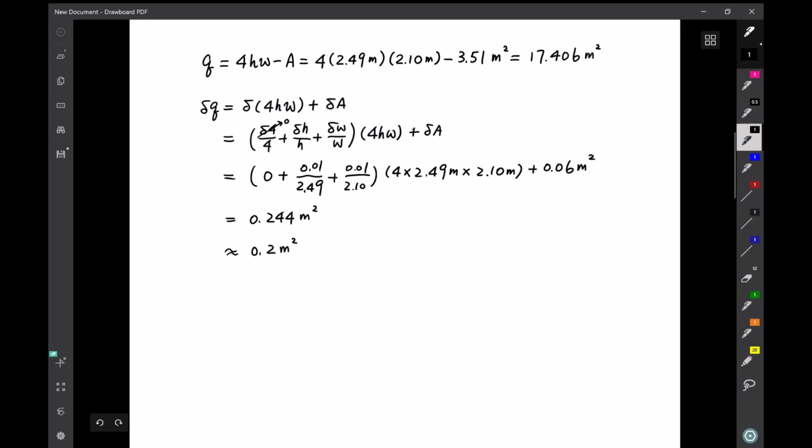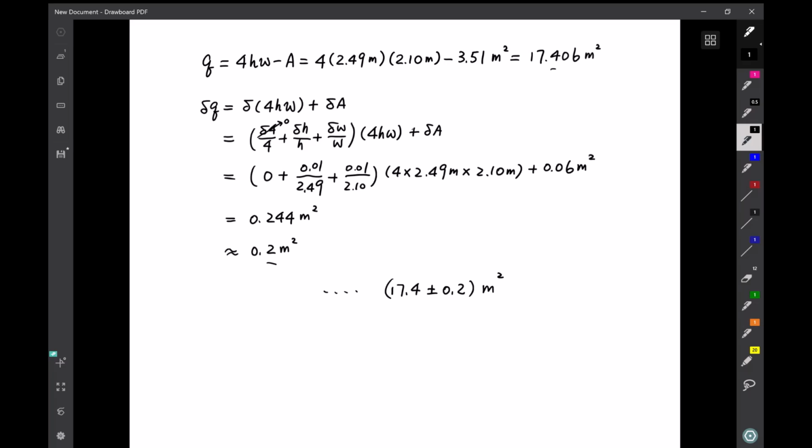And now your final answer, the wallpaper the decorator needs, is to 1 decimal place: 17.4 plus minus 0.2 meters squared. Some people like to keep an extra digit.